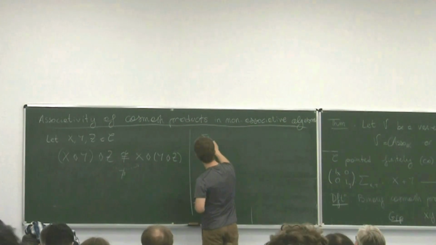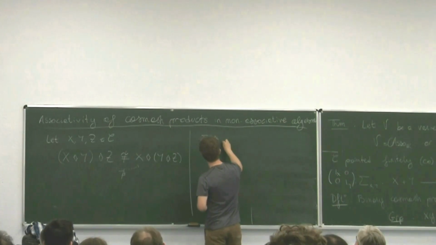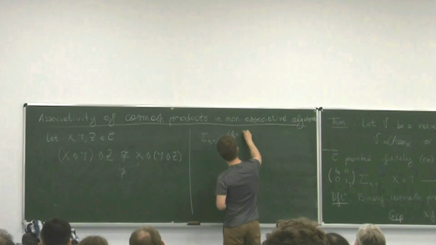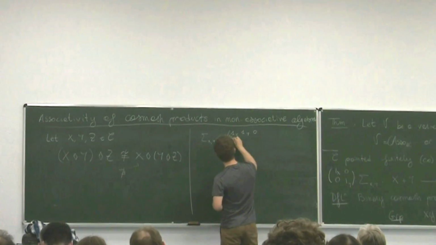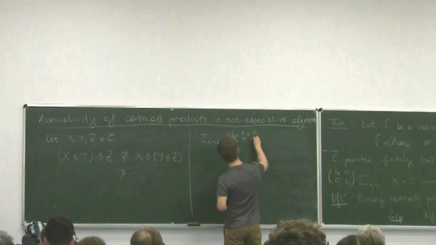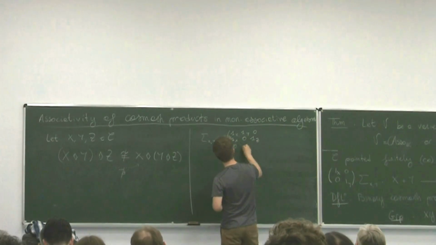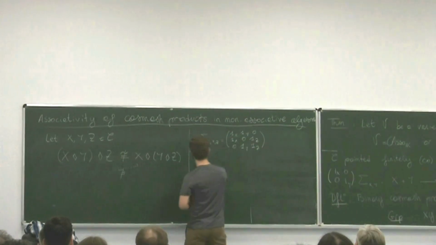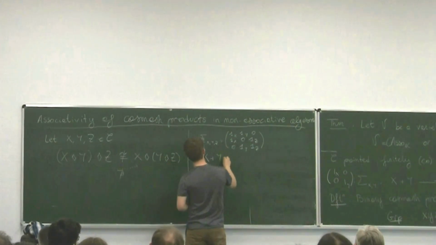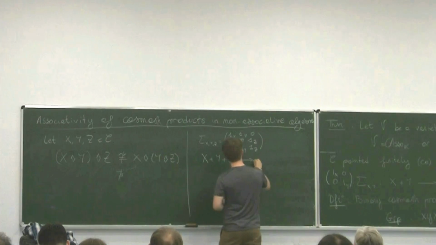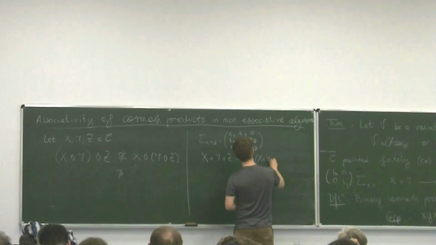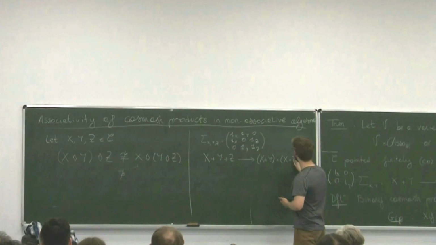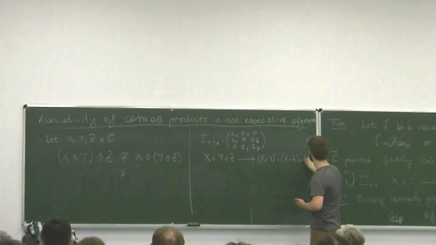Well, again, I take a canonical map, and it can also be written in a matrix way. And it goes from the co-product of x, y, and z to the product of the co-product of x and y, the co-product of x and z, and the co-product of y and z.